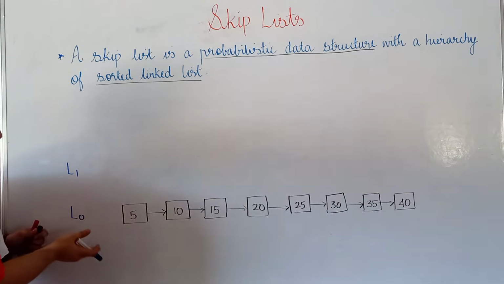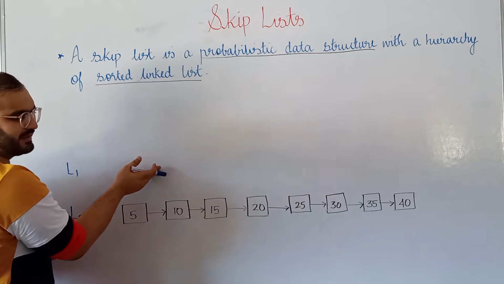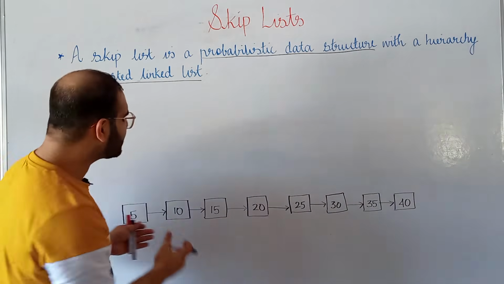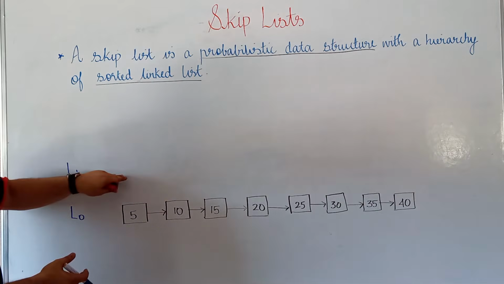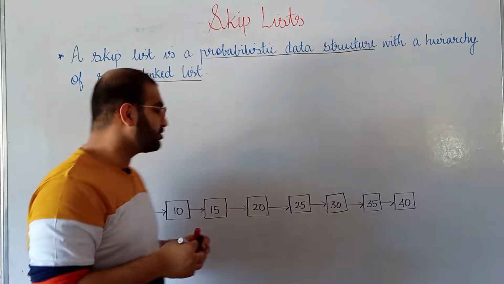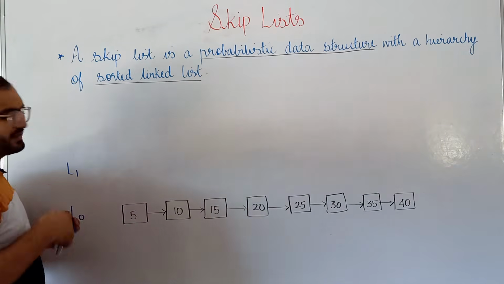I'll copy the elements of L0 into L1, but I'll not take all the elements. Instead, I'll take a subset of the elements present in L0 to make L1, right? So L1 will contain a subset of elements present in L0.